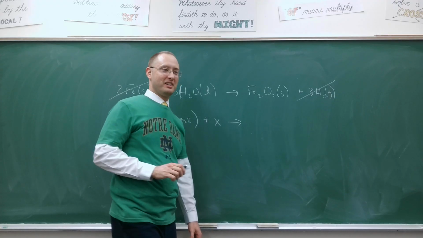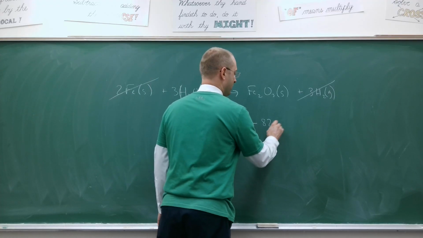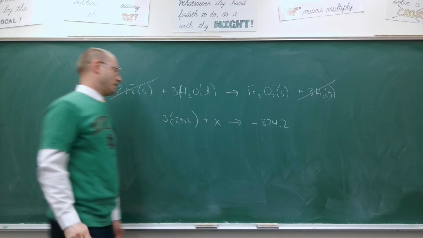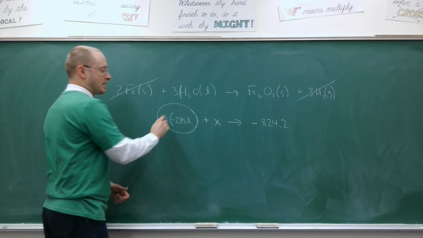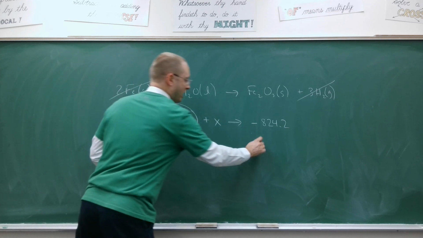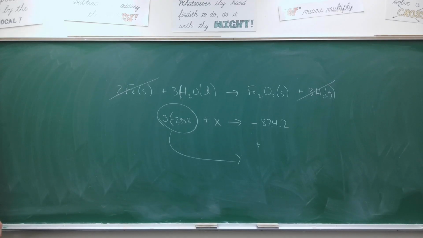You can go ahead, Olivia. Negative 824.2. All right, somebody else like that number, negative 824.2? All right, so pretty straightforward. We're going to multiply by 3, and then whatever it is, we're going to add it to the other side. So what is 3 times negative 285.8?